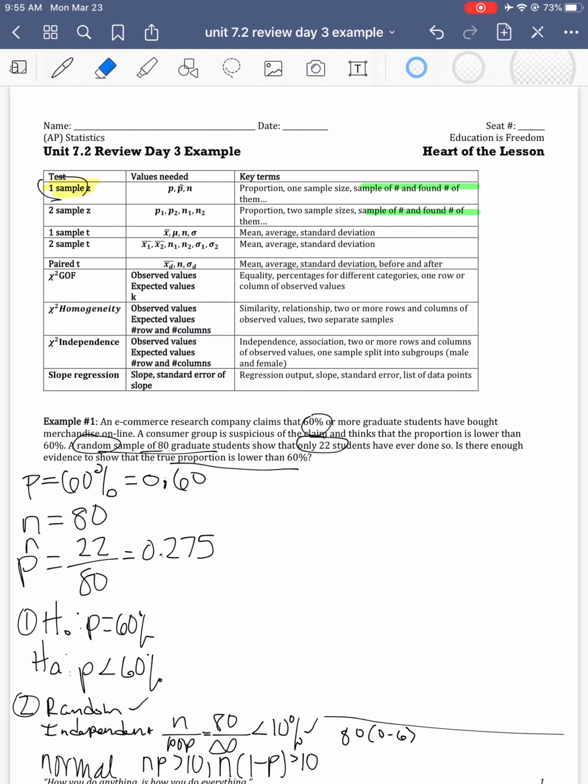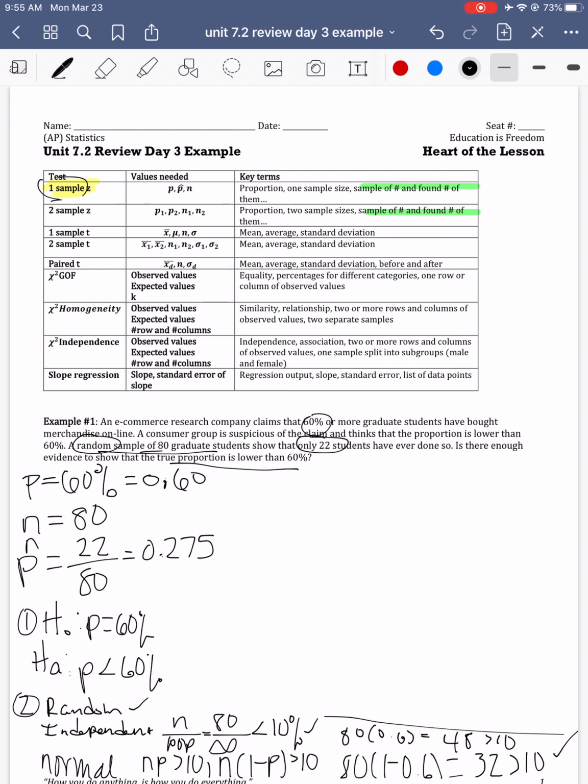Let's make sure that's clear that that is a decimal. And then we have 80 times 1 minus 0.6. And so if I crunch that out, I will find that 0.6 times 80 is 48. So that's definitely greater than 10. And then 80 times 0.4 is 32, which is also greater than 10. So we've met the normal condition here.